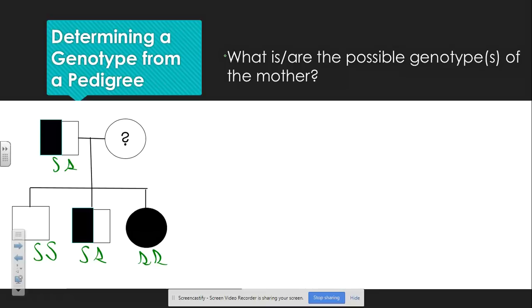All right, so now we need to determine what the genotype is for the mother. So the mother can be homozygous dominant, homozygous recessive, or heterozygous. So we'll do a cross for each one of those. So let's say she's homozygous dominant.